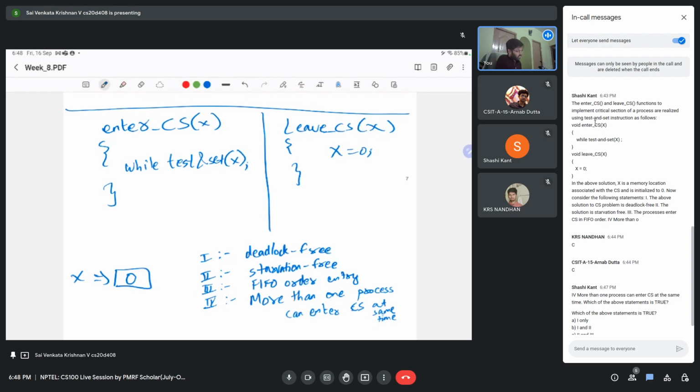There is a single process because the question states that the enter CS and leave CS functions implement the critical section of a process. Sorry, I didn't get it, can you repeat it? It says the critical section of a process, so it should be a single process, right?